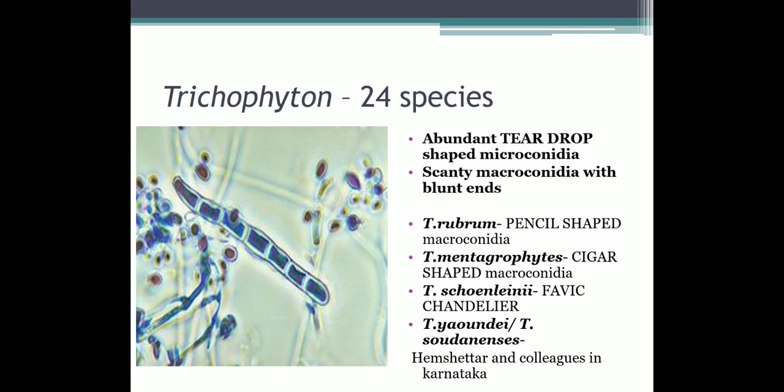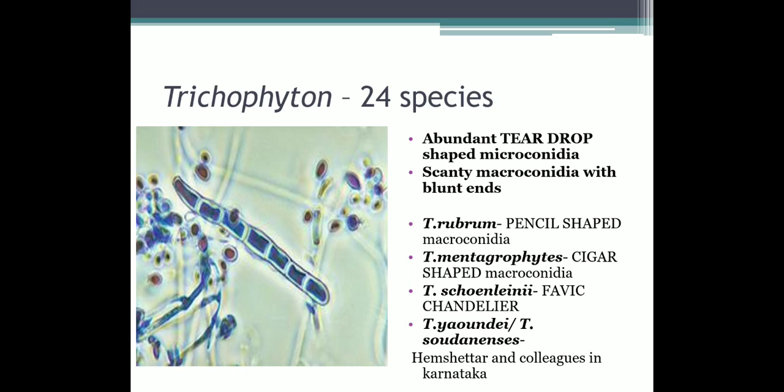There are three different species, as I mentioned. Before we proceed to the identification of the species, one common thing that we need to understand is that all these species are identified on the basis of asexual propagules or conidia.